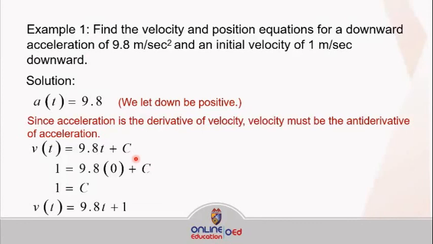Then v of 0 is equal to 1, and that equals 9.8 times t, where t is 0, so we get 0. So 1 is equal to c. So v of t is equal to 9.8t plus 1.